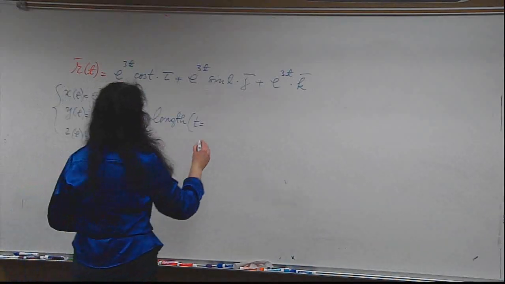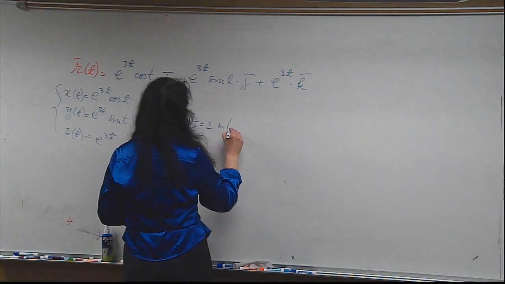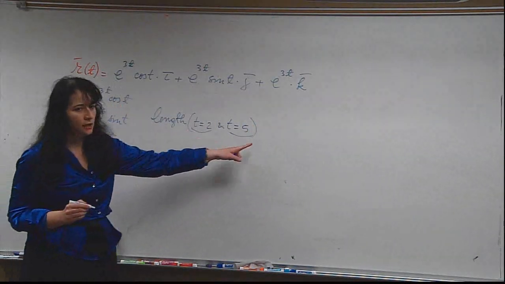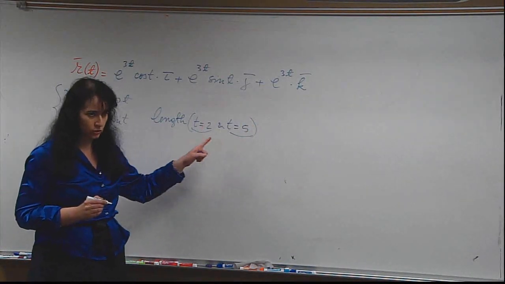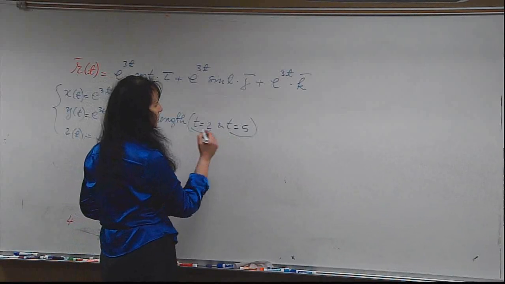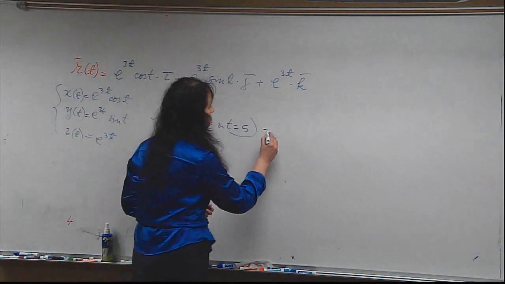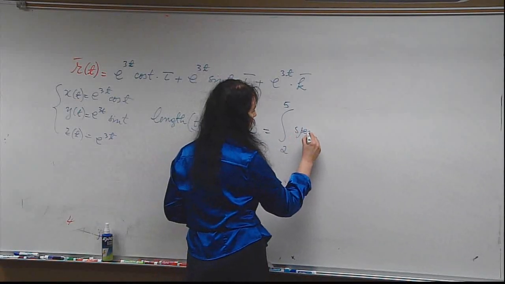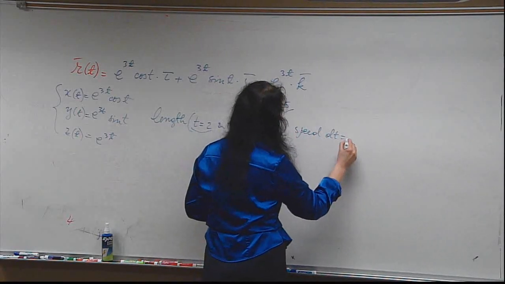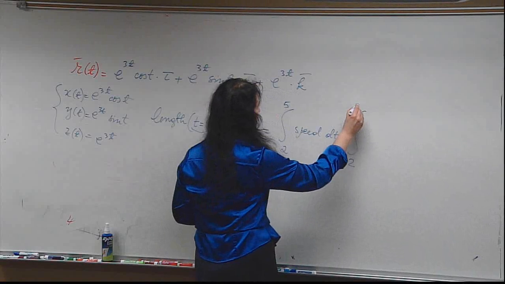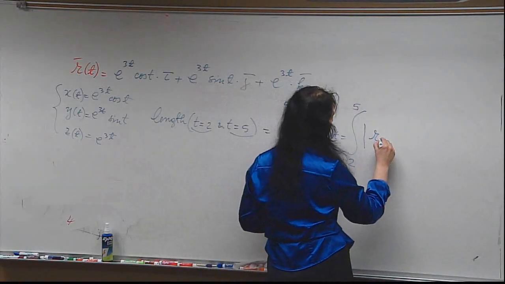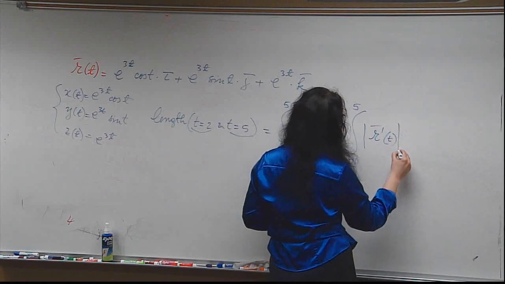So this is the beginning and the end of the curve. So what is that going to be? Integral from 2 to 5 of the speed dt, which we have to write down, the integral from 2 to 5 of the magnitude of r prime of t dt.